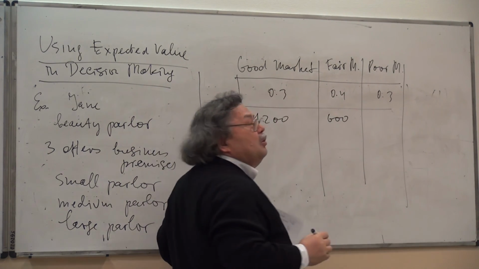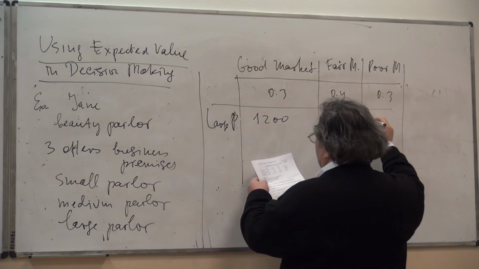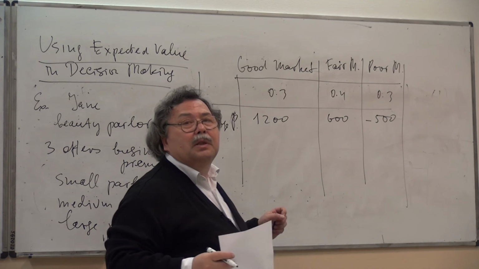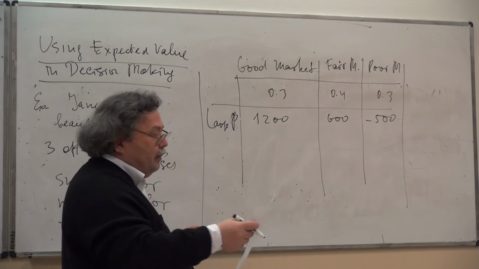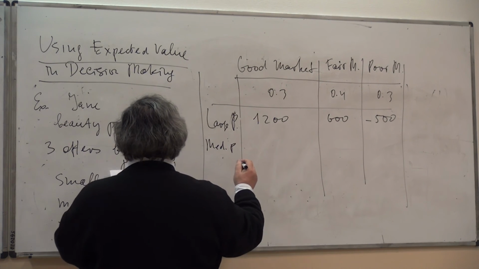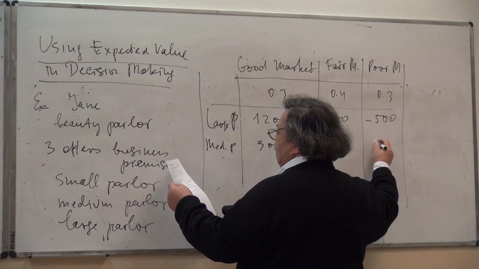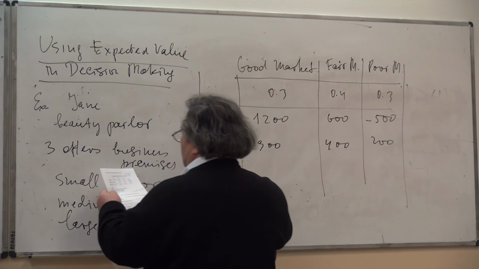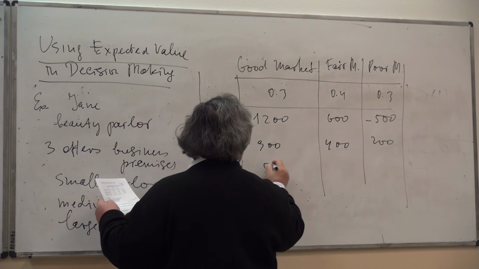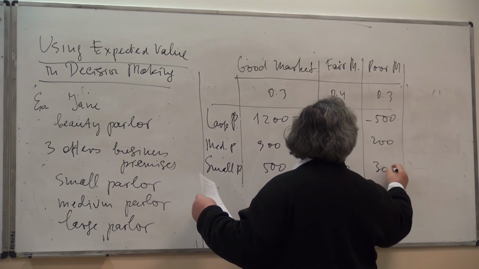And under poor market conditions, she will actually incur a loss of 500. For a medium parlor, the figures are 900, 400, and 200. And for a small parlor, it's 500, 400, and 300.